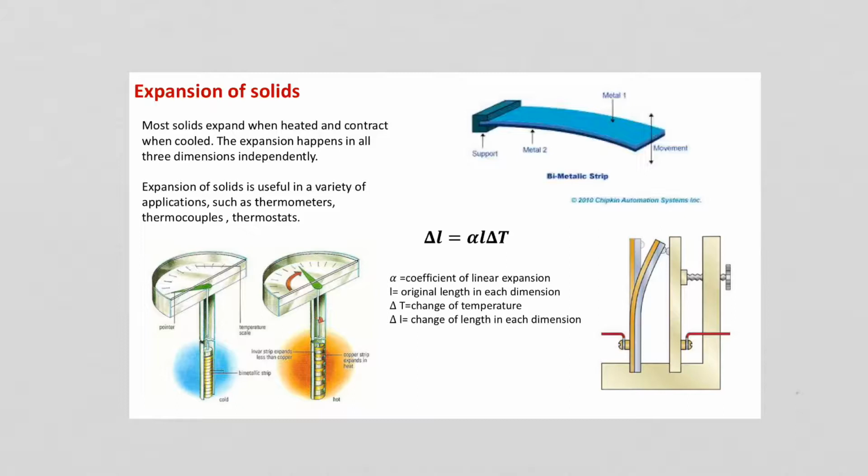And for example, here we have a bimetal strip made of two different metals or metal strips that are glued together. And so when the temperature of the strip changes, one of the metals will expand or contract more than the other, which causes the strip to bend one way or the other.